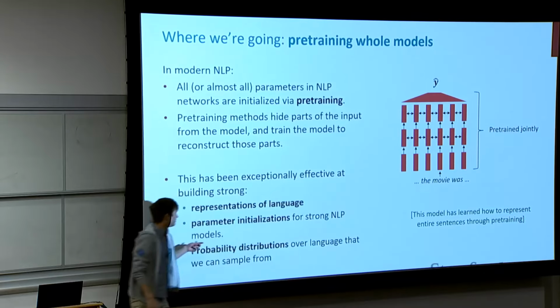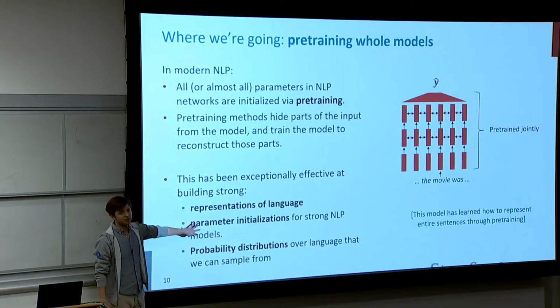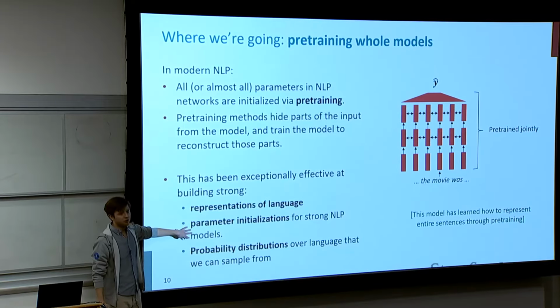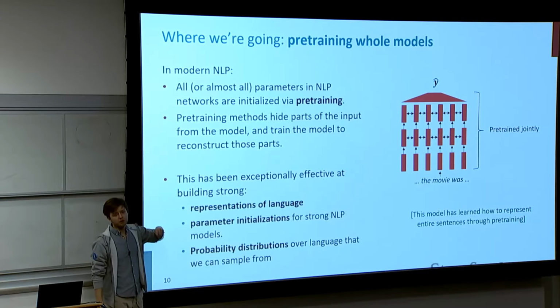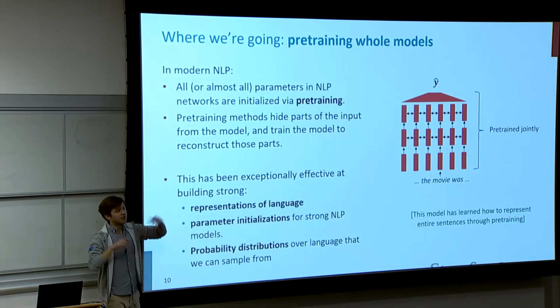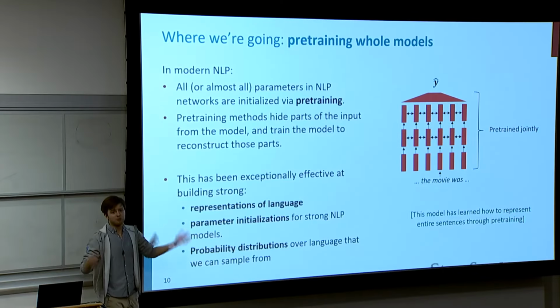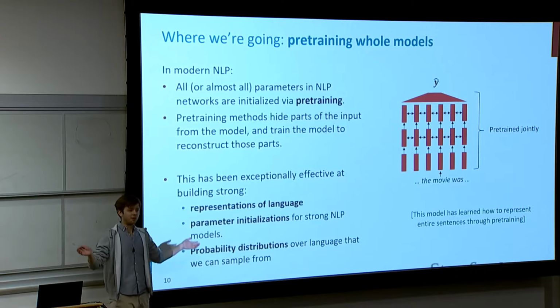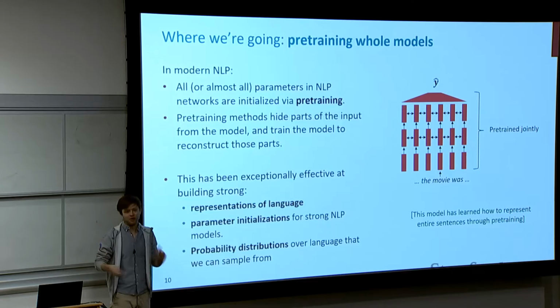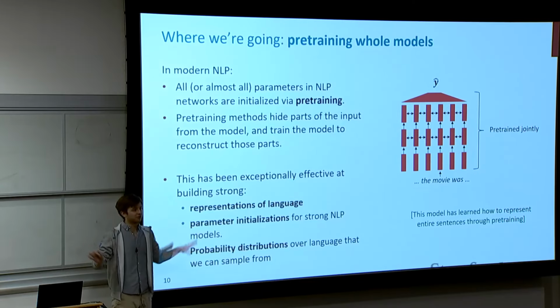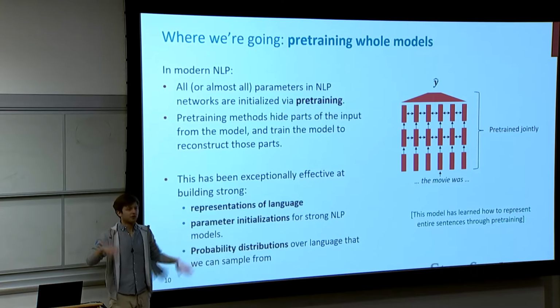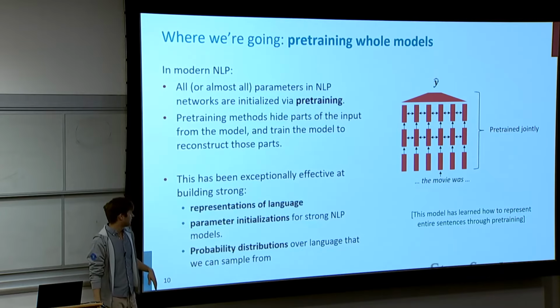It'll also be used as strong parameter initializations for NLP models. So in all of your homework so far, you've worked with building out a natural language processing system from scratch, right? Like, how do I initialize this weight matrix? And we always say, oh, small, normally distributed noise, little values close to 0.